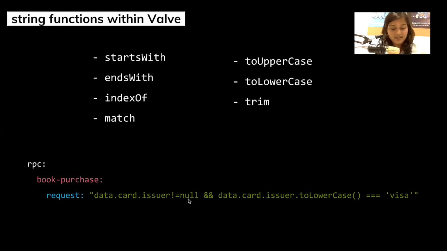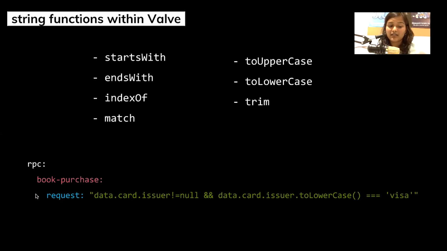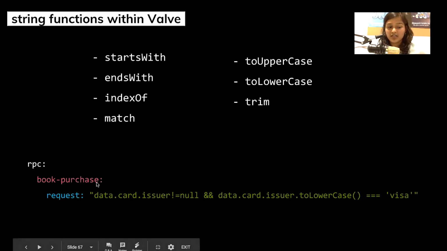Otherwise, it will basically blow up. This rule will blow up if it doesn't exist at all. And then I'm checking if the issuer is Visa. Only then I'm allowing my client to request this particular RPC, which is book purchase. Now, how will I check this Visa is after converting it to lowercase. Simple as that. And in a similar fashion, you can utilize all the other string functions which are available to use within Valve as well.